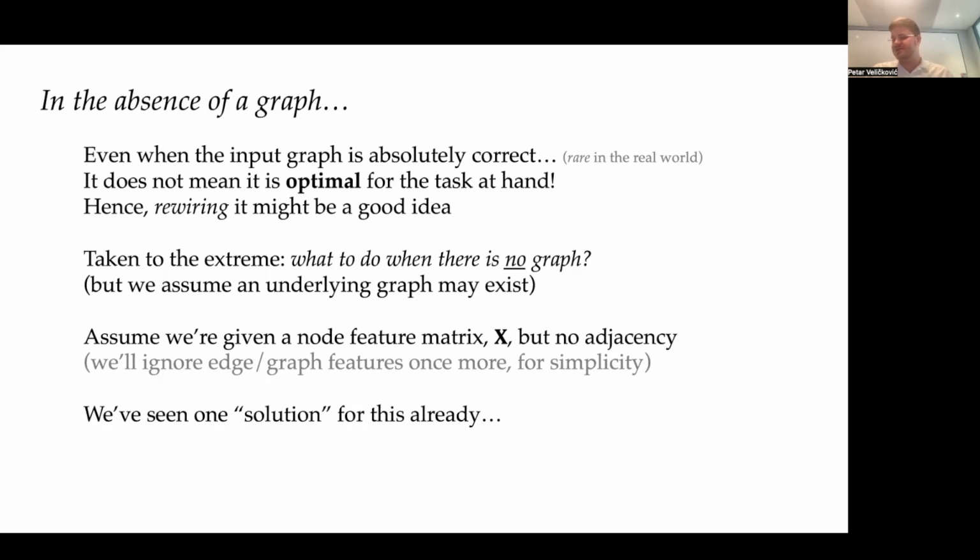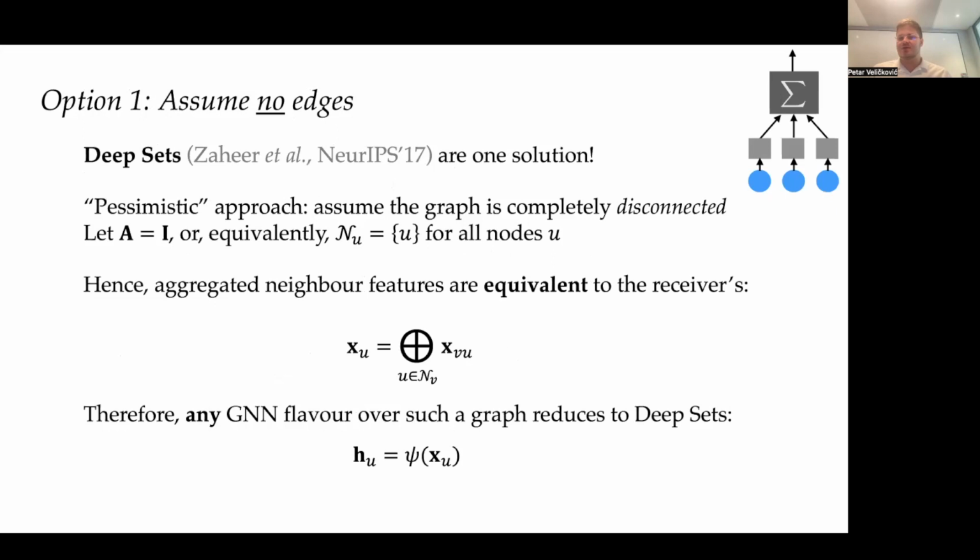So in this generic setting, we assume that we're given a node feature matrix X, but no adjacency matrix attached to it. And once again, we'll ignore edge and graph features just to keep things a bit more simple. It doesn't change our findings. And what can we do? Well, we have actually seen one solution for this problem already, and that is the DeepSets model, in which we basically just assume that there are no edges to begin with.